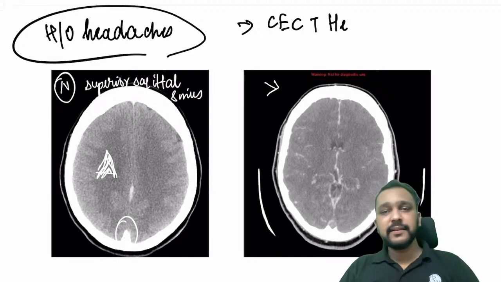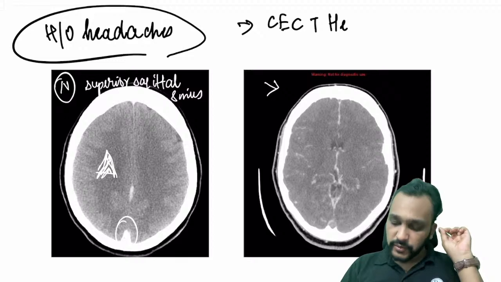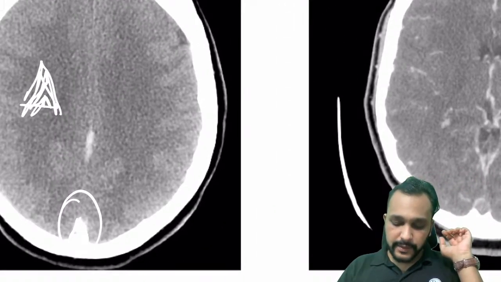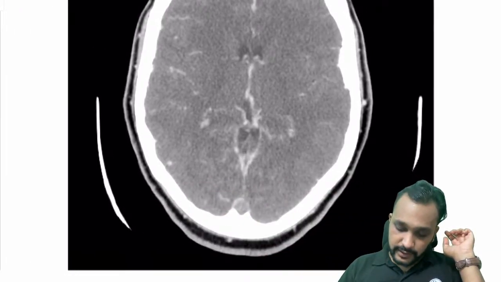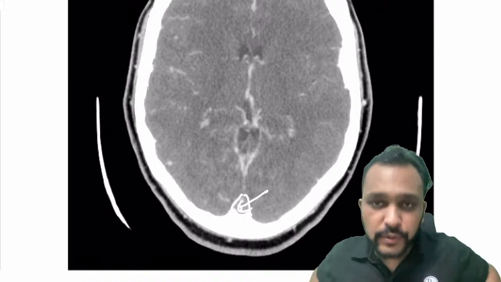But when there is a thrombus within this sinus, have a look at this image. This was the normal appearance of the superior sagittal sinus, and on this image we can see that within the sinus there is a hypodense thrombus.